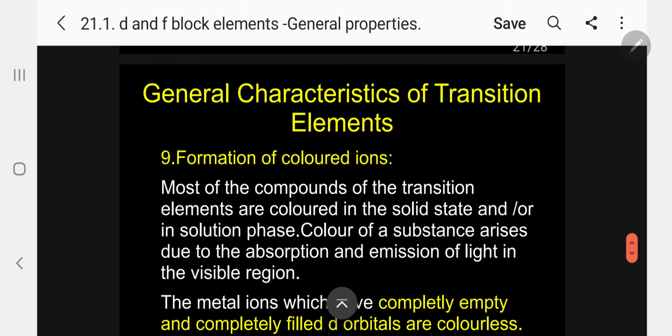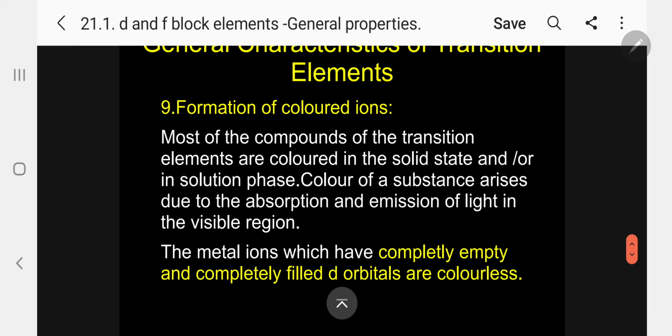The unit is Bohr magneton, BM. Next, formation of colored ions.